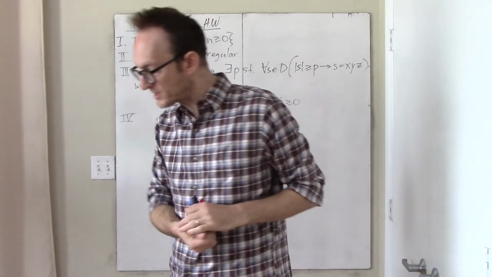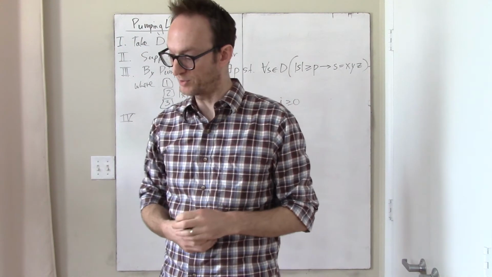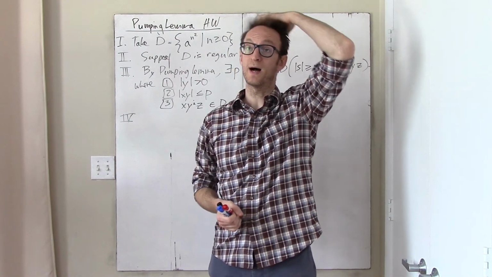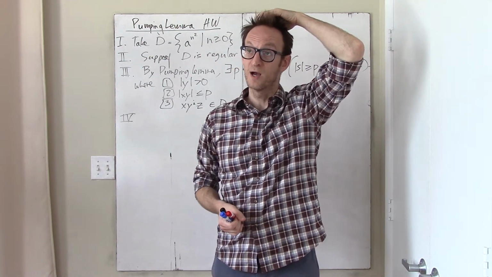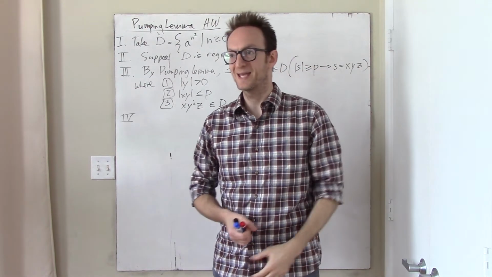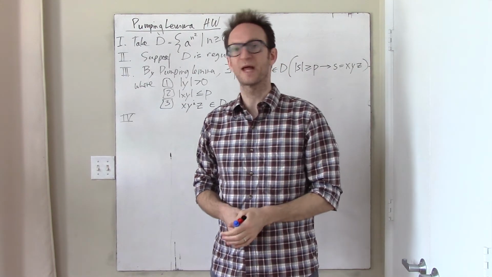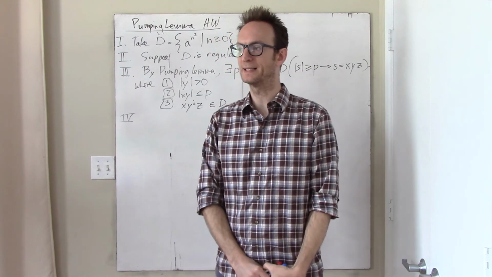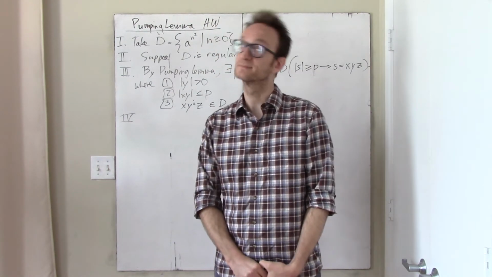And so what's impossible for this machine to do is to keep track of how many A's it has encountered since the last perfect square or something like that. Okay. Yeah.